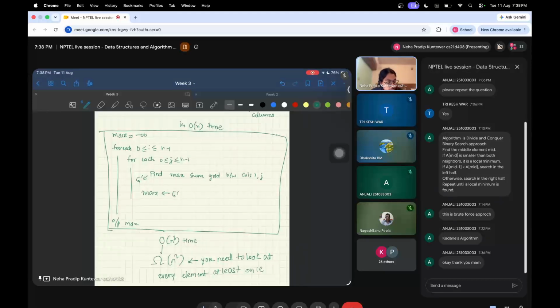Okay, so there is a gap between these two. I'm not sure if you can do better, but yeah, there is a possibility.